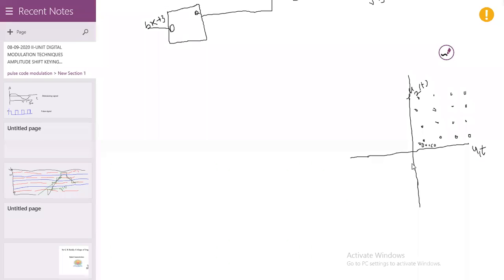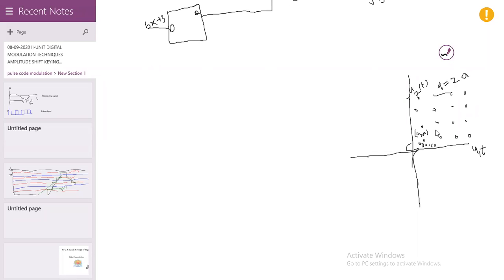Okay. So the 16 symbols are there here. Let us assume a comma a is the amplitude for this one. Let us assume the distance between two adjacent symbols is 2a, as we are designing. So this is a comma a.